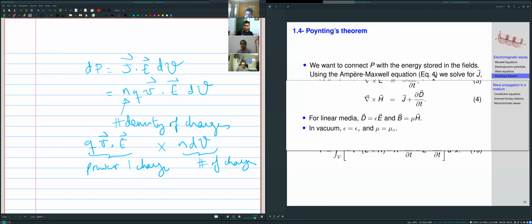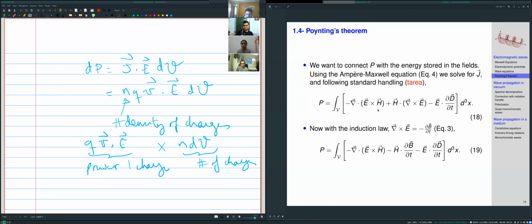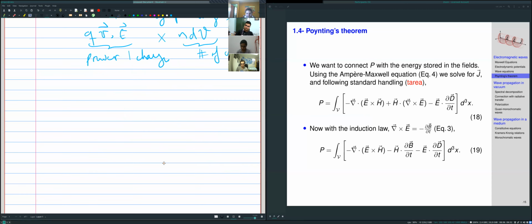So I write J equals curl of H minus the time derivative of D, and plug it in here. And then you do vector calculus and rewrite that expression. Maybe I should write it down.